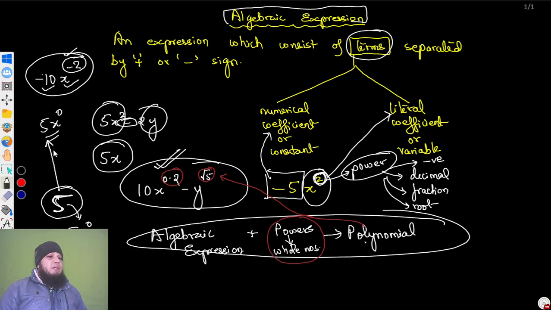This 5 can be written as 5x to the power 0, so this 5 is also an algebraic expression. Getting my point?